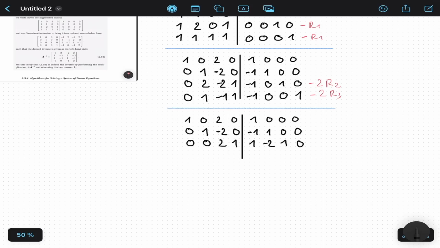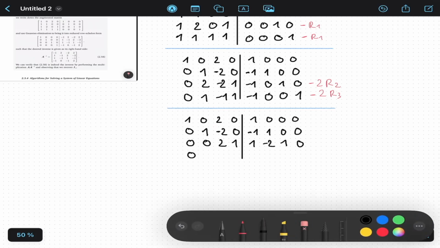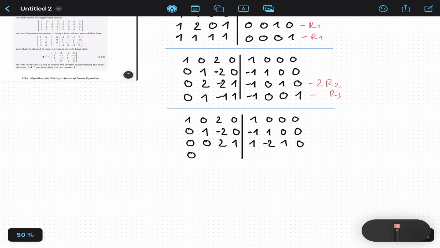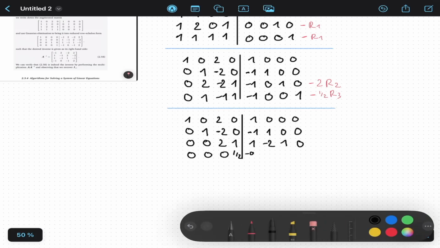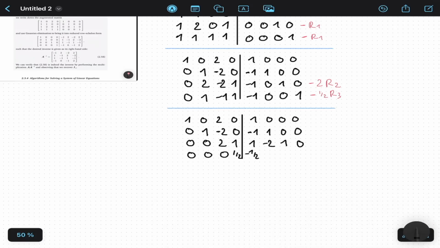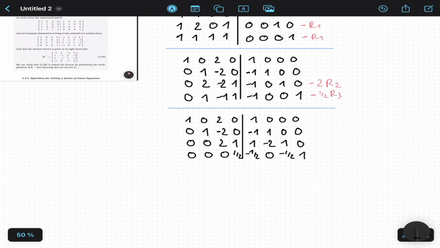Okay, the last row will be here we will have a 0. Yeah, that's wrong. We cannot have -2 R2. It has to be a half, right? So then we will have here 0 as well, and 0 here, a half here, another half there, minus a half, 0, minus a half, and 1.